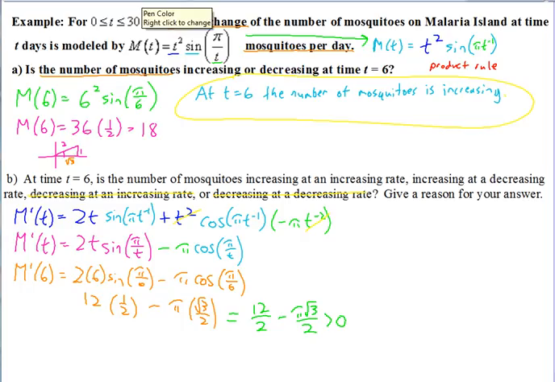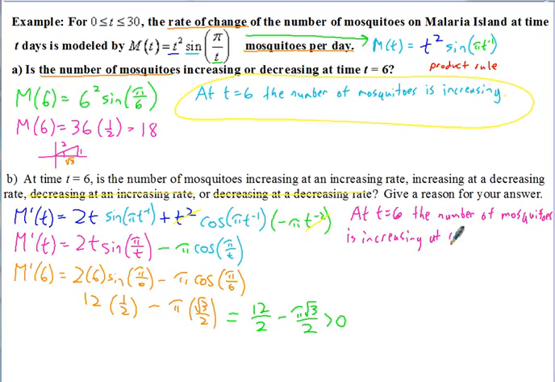So now we can say at t equals 6, the number of mosquitoes is increasing, which we got from part A, at an increasing rate, which we got from part B. And since the question says to give a reason for your answer, and we didn't justify part A and part B, we're going to justify both of these.